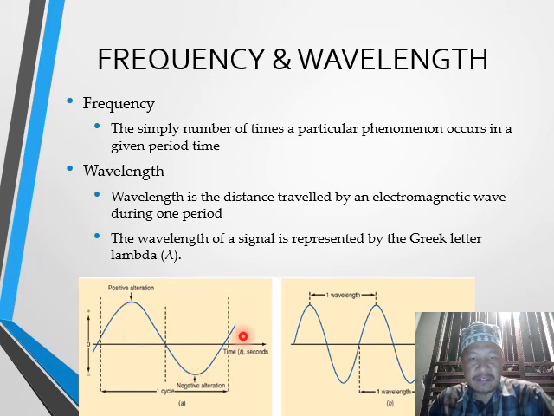When we have a sine wave, we normally describe it as one cycle, one wavelength. Peak to peak is one wavelength. How many cycles per second? That is frequency. So if we have a sine wave, we can have wavelength and also frequency.